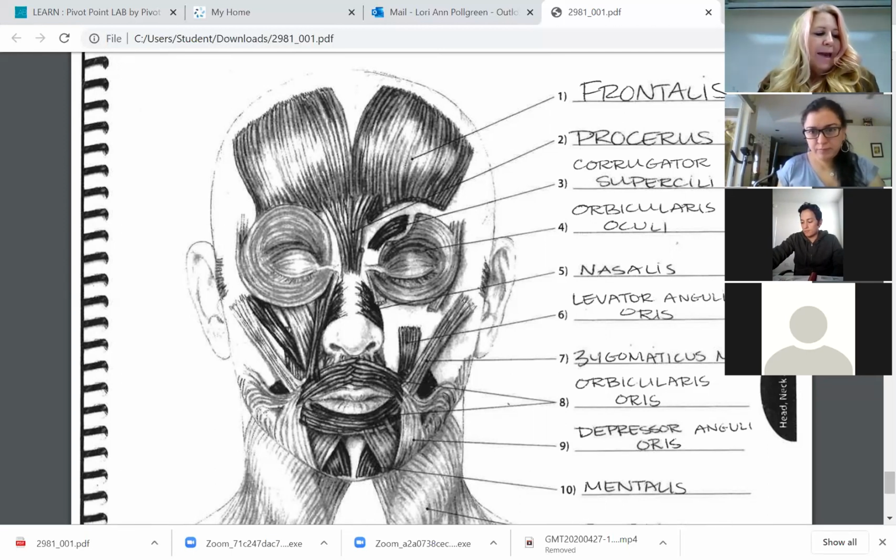Then we have our zygomaticus major, 7. 8, our orbicularis oris, so orbicularis meaning another round muscle, sphincter muscle, oris, oral mouth region. Depressor, so if we had a levator that lifts, we have a depressor that pulls down. Depressor anguli oris. It's going to do the opposite action of that levator anguli oris, right? 10 is mentalis, and 11 platysma.